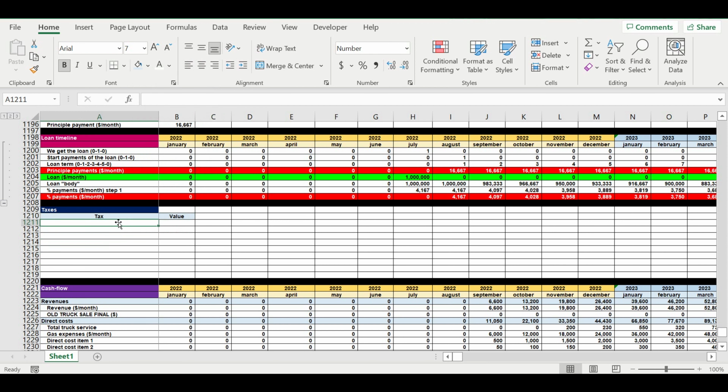For example, we'll have revenue tax, profit tax, salary tax, and asset tax.